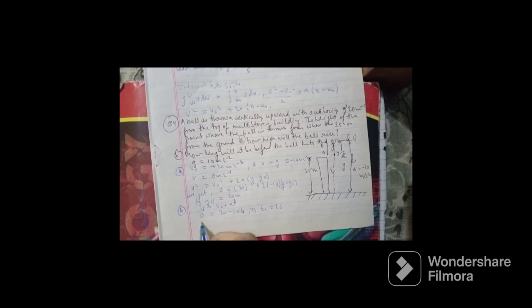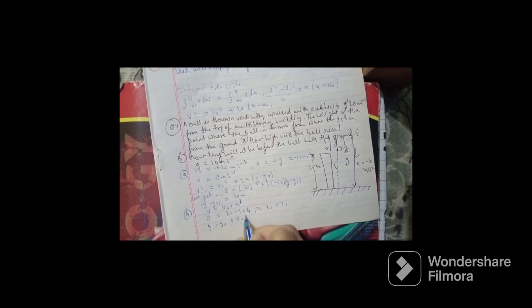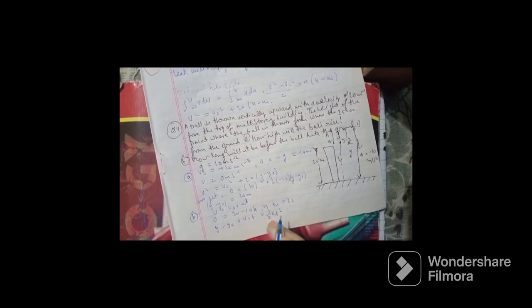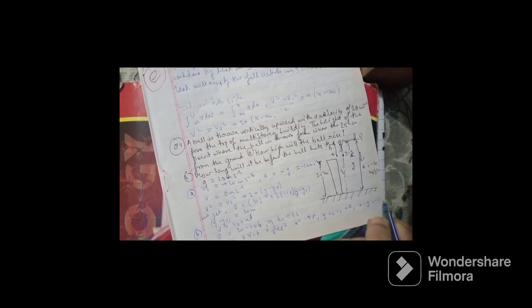So we use the equation y equals y naught plus v naught t plus half a t square, where y naught equals 45, y equals 0, v naught equals 0, a equals minus g, which equals minus 10 meter second inverse.